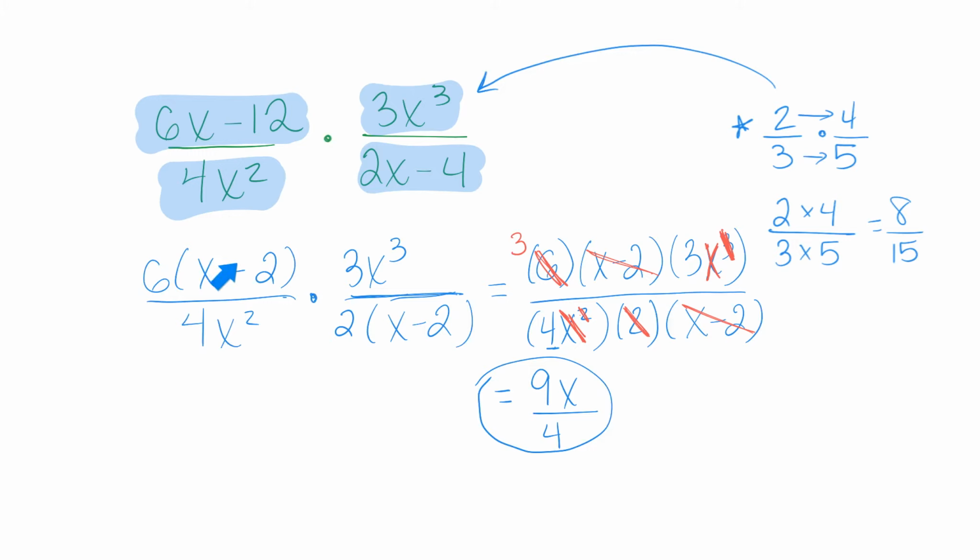They can go across, right? Like the 6 and that 2, that's fine. But if you take this 6 over 4 and reduce it, then you can't do that with a 6 over 2. You can only do it once, if that makes sense. Okay, let's try another one.